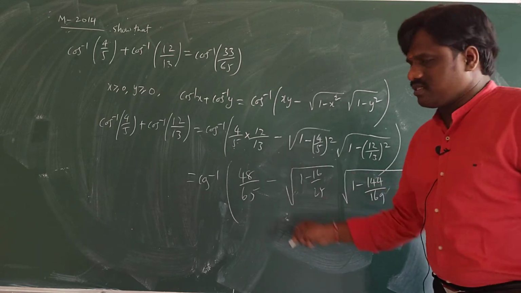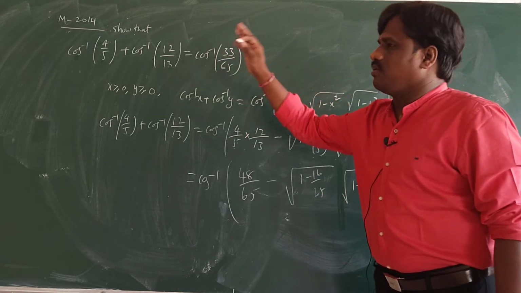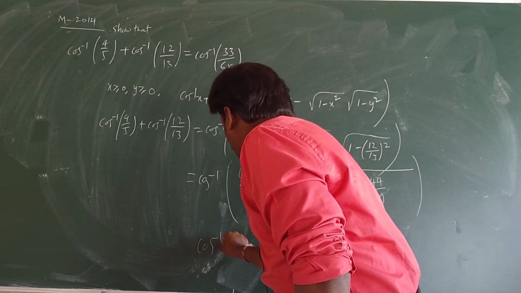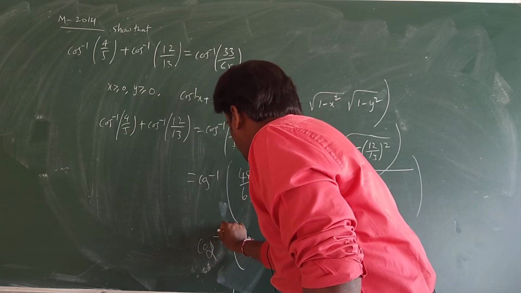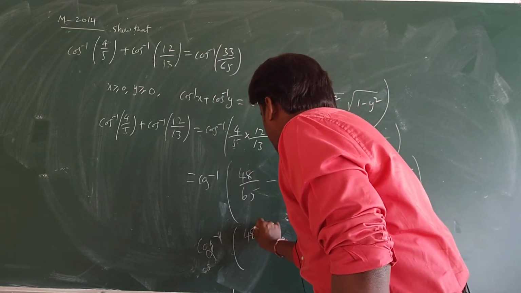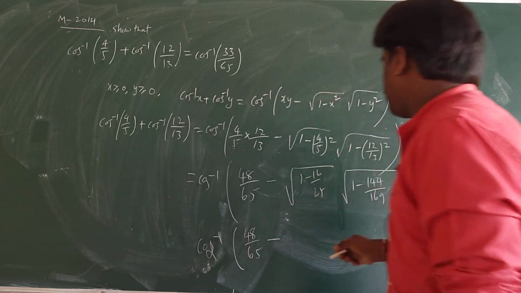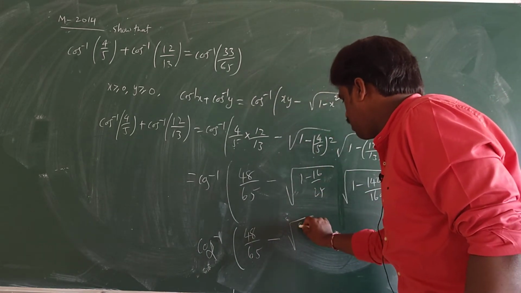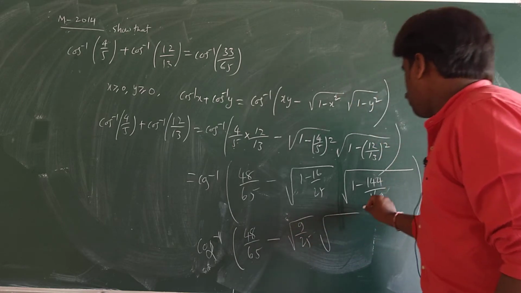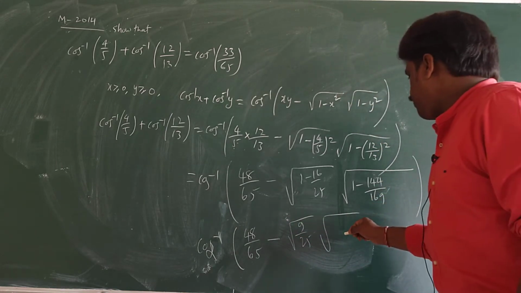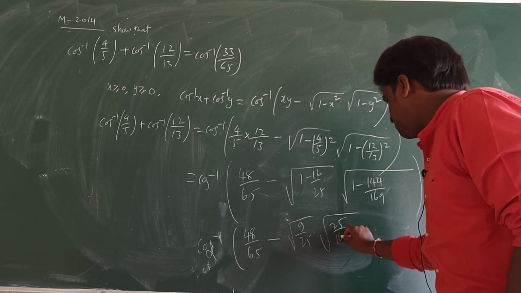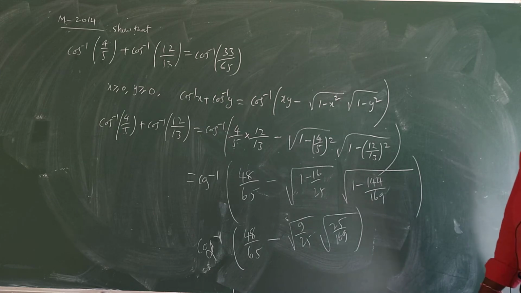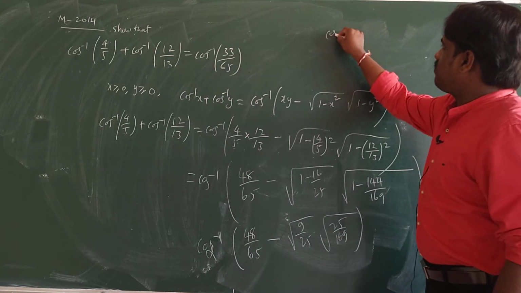If you simplify this, you can write cos inverse 48 by 65 minus, 25 minus 16, that is 9 by 25, under root of 9 by 25, under root of 169 minus 144, that is 25 by 169.